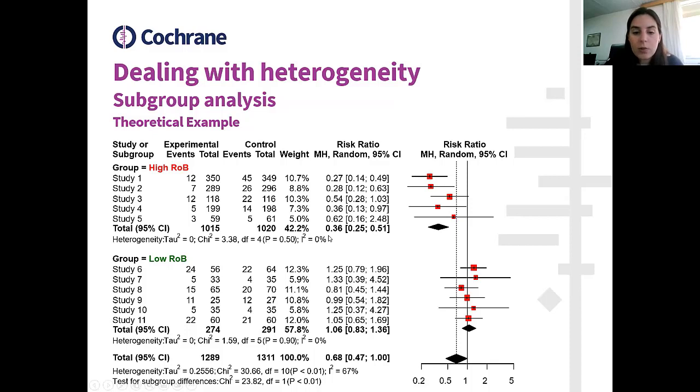If you notice, within each subgroup, heterogeneity is not there anymore. So we can claim that risk of bias has explained the heterogeneity we noticed when we synthesized all studies together earlier.